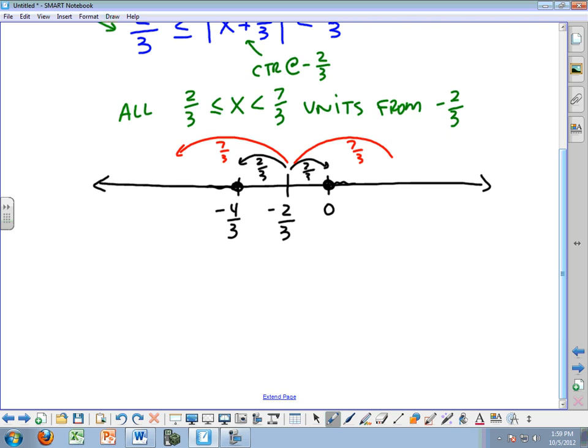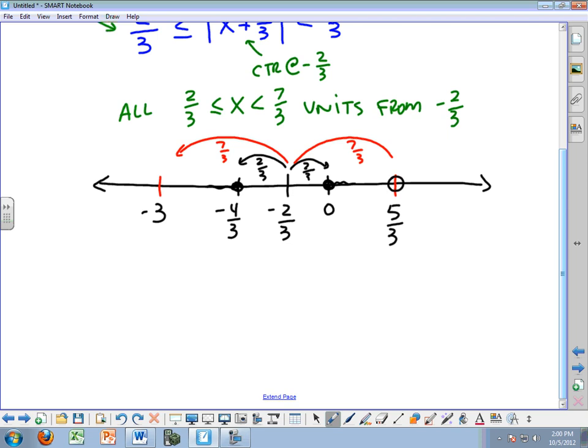So when we finish this out, moving 7/3 to the right from negative 2/3 puts us at positive 5/3. And going to the left gives us negative 9/3. Maybe I should just write negative 3 there, since that's what that is. Negative 3. And this is going to be 5/3.